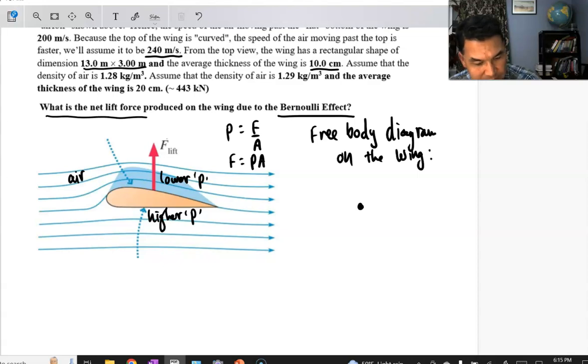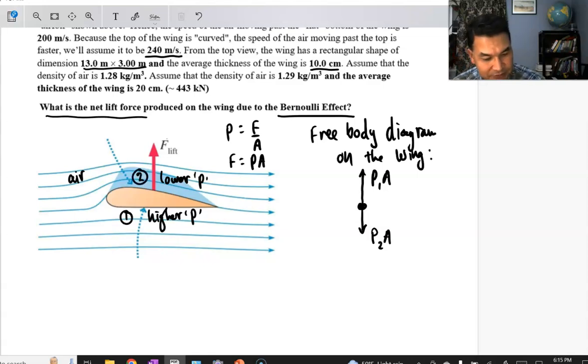One is the downward pressure force, let's call it P2A, acting on the top of the wing. And you have a stronger pressure force acting in the upward direction, the positive y direction, from the bottom, P1A. We call the bottom region number 1 and the top of the wing region number 2.